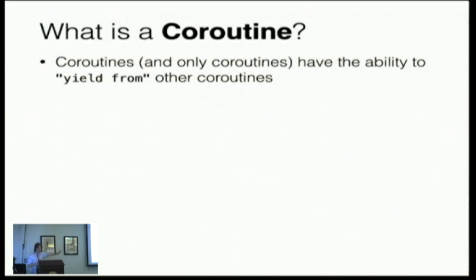Yield from has a different meaning in asyncio than in a normal function, conceptually. Probably not on the actual language level, but yield from will block your current coroutine, run that one until it's done, and then it returns the result, so you can say x equals yield from coroutine, and it'll work.